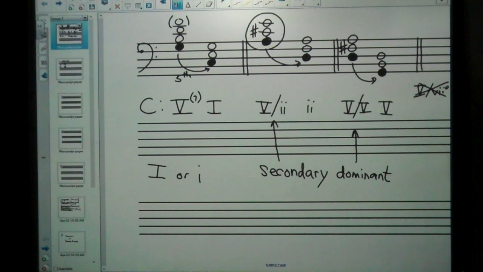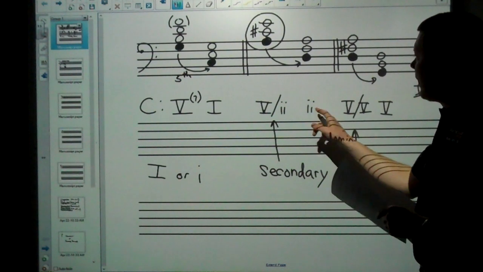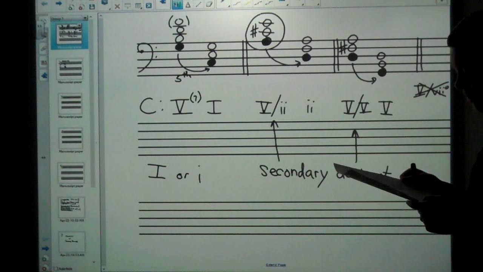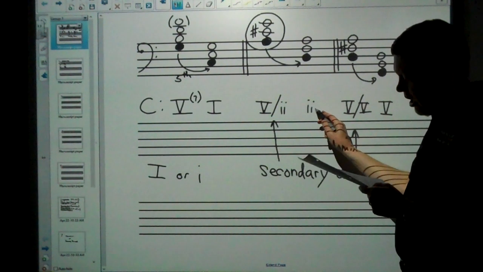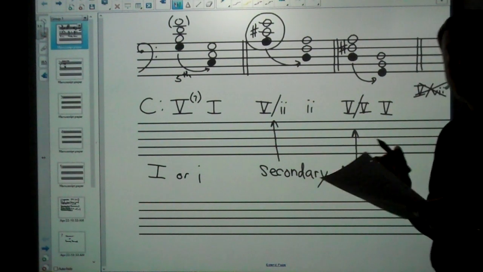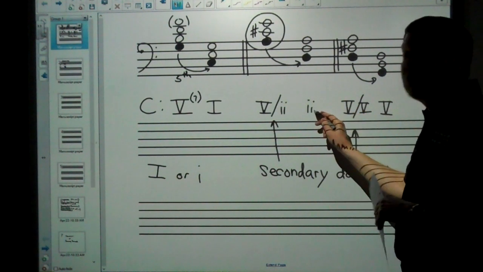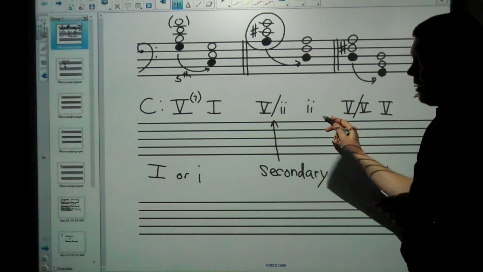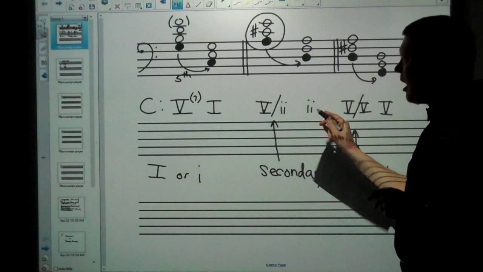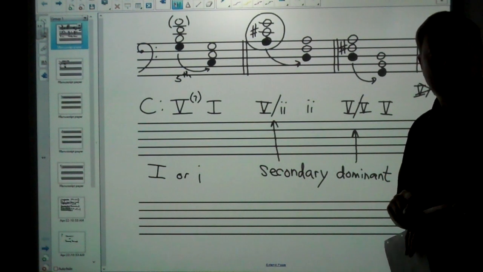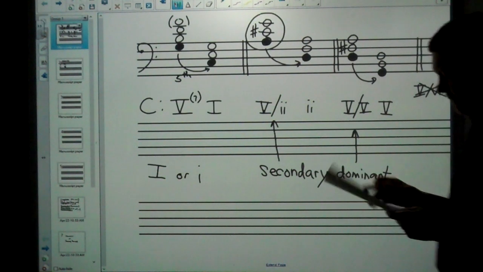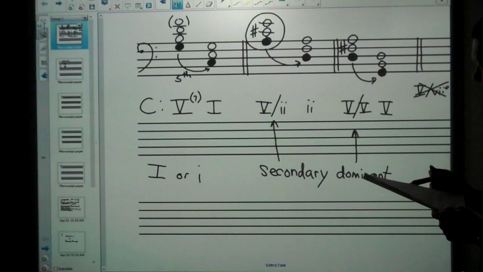Okay, now, when a major or a minor triad is preceded by its own dominant, the non-tonic chord, just for a moment, sounds like a tonic, even though it is not actually the tonic chord in the key. Let me say that again.